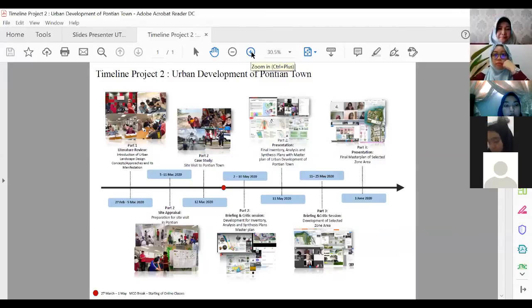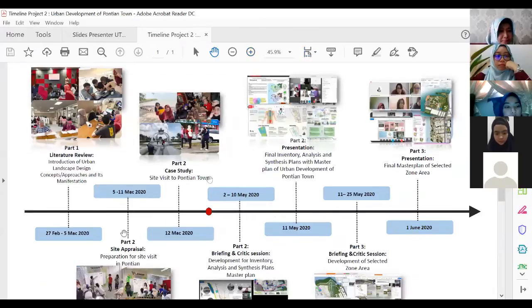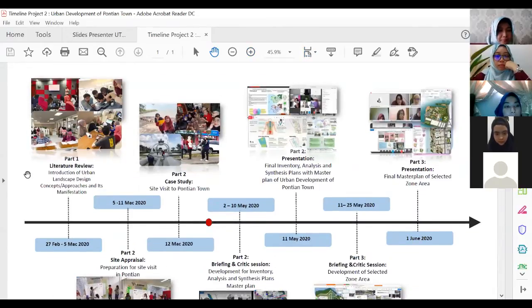So at the first part, we have the literature review, where the lecturer introduced us to urban landscape design concepts and approaches and their manifestation, whereby the students are required to study the aspects and approaches of sustainable urban landscape design individually.